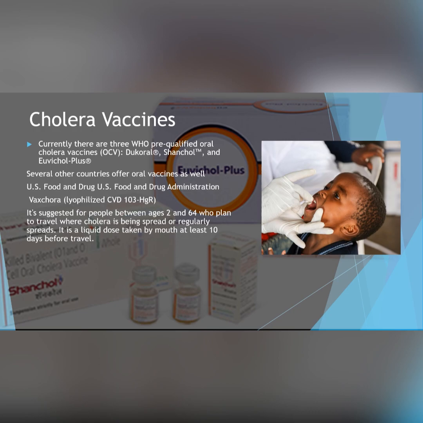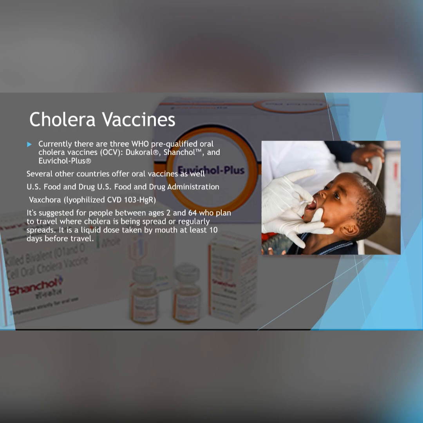Other countries offer oral vaccines as well, such as the US, where the US Food and Drug Administration has approved a cholera vaccine, lyophilized CVD 103-HgR. It is suggested for people between ages 2 and 64 who plan to travel where cholera is being spread or regularly spread.